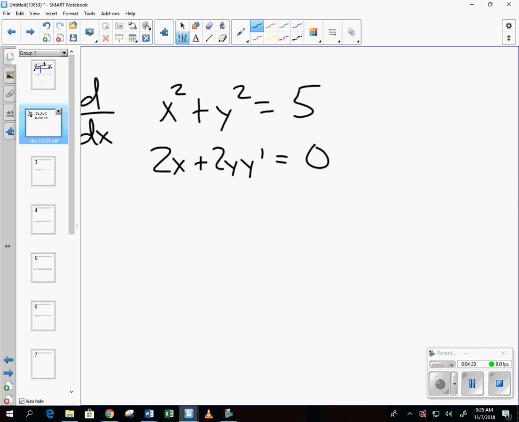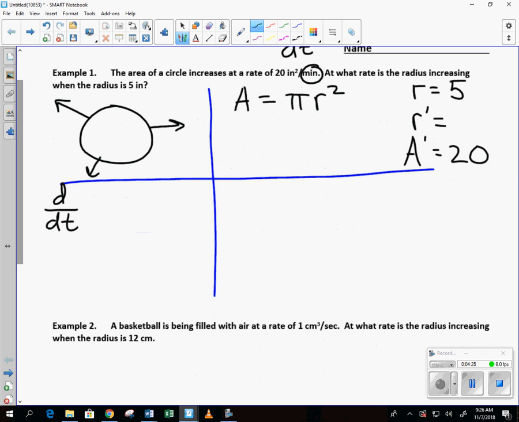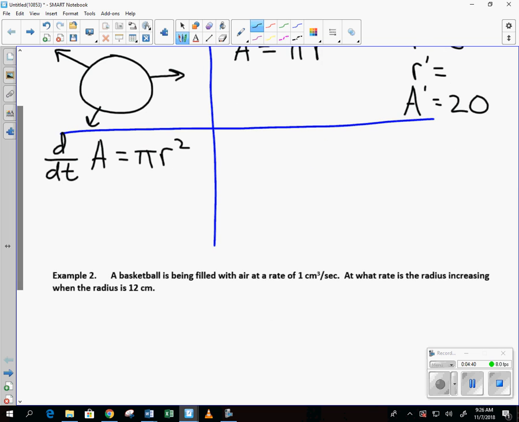So I want you to look at this. Do you see a t variable in this equation at all? No. So every time you take the derivative of a variable, you have to attach a prime to it, just like the y prime. So therefore, you can see why we learned implicit differentiation. So the derivative of a is going to turn out to be a prime.